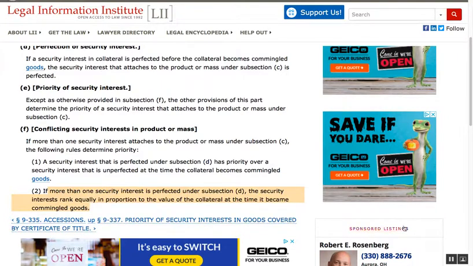Now, this is a special rule. It's not the first to file or perfect rule, which typically decides priority among contesting perfected secured parties. Now they're just going to, regardless, as long as you're perfected when the commingled good was made and you have a perfected security interest in the commingled good, and now there's bankruptcy and you're both diving in for as big a piece of the cake as possible, this is how it's resolved.